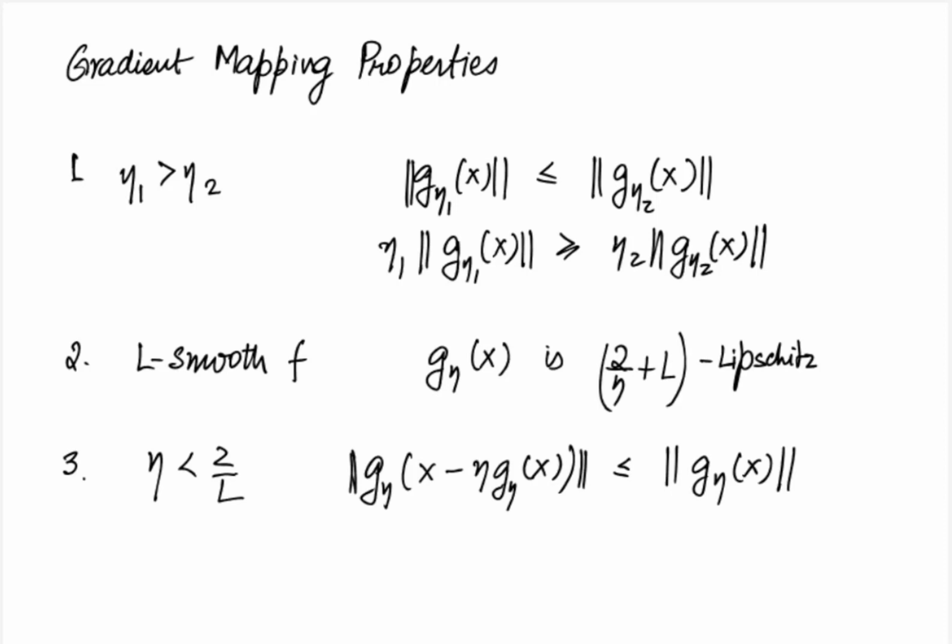So you can see that we have established all of these properties for projection gradient mapping. It turns out that they also hold for the proximal gradient mapping. The second property is easiest to establish as it only uses the non-expansiveness, which also holds for projection as well as proximal operators.